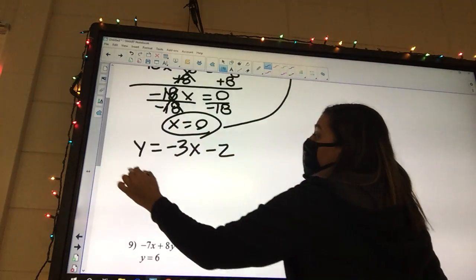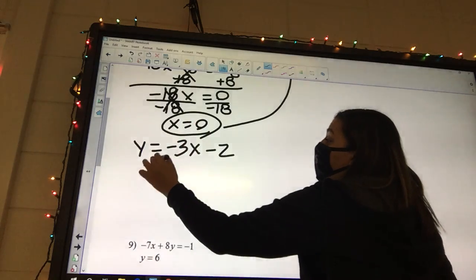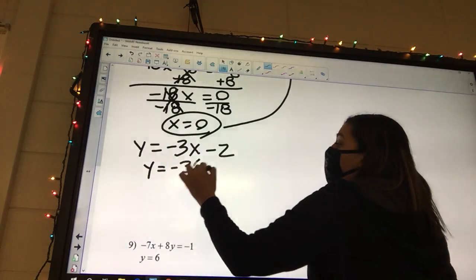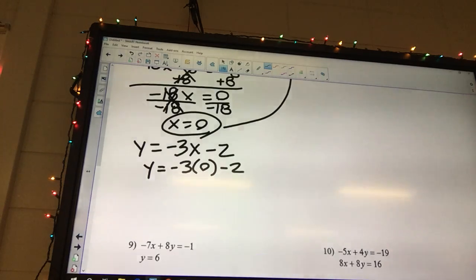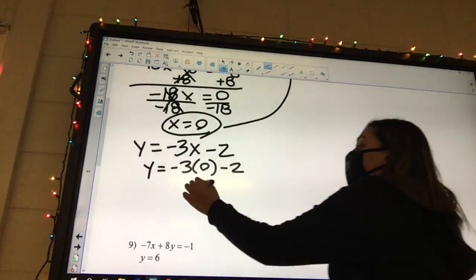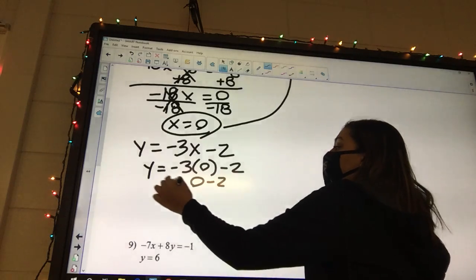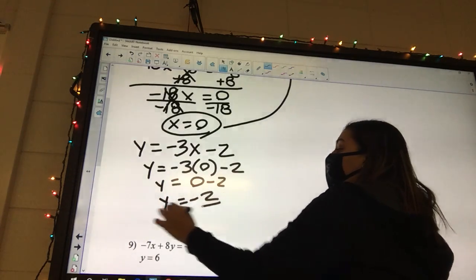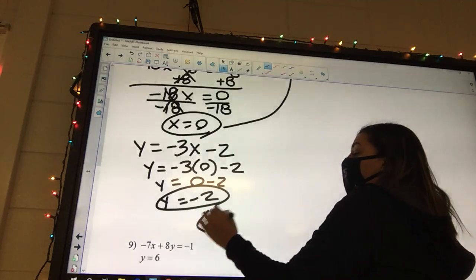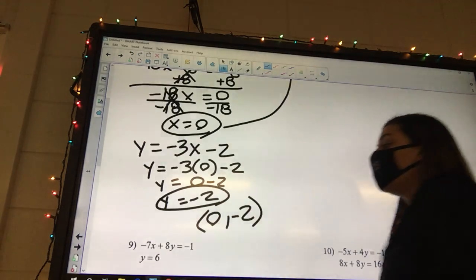What is our x value? 0. So you got negative 3 times 0 minus 2. Well, 3 times 0 is going to be 0, minus 2, which is negative 2. And our last step, we can write it as the coordinates, 0, negative 2.